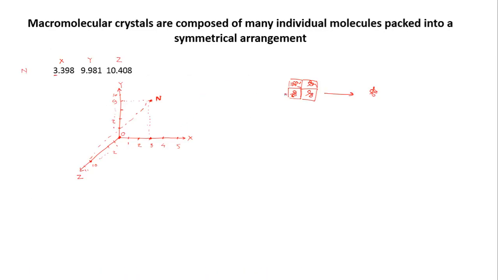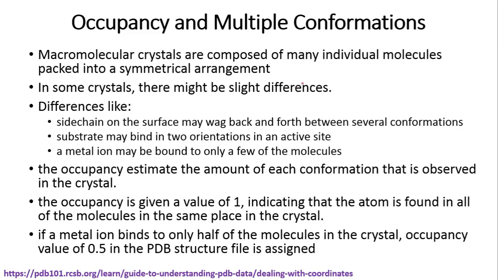Say, out of 100 protein molecules present in the crystal, the metal ion can be bound to only 50 molecules, and 50 molecules can remain unbound, right? So these things can happen during the process of crystallization.